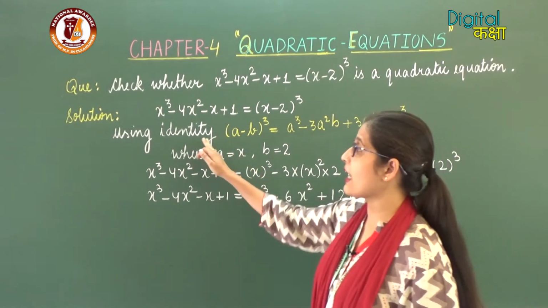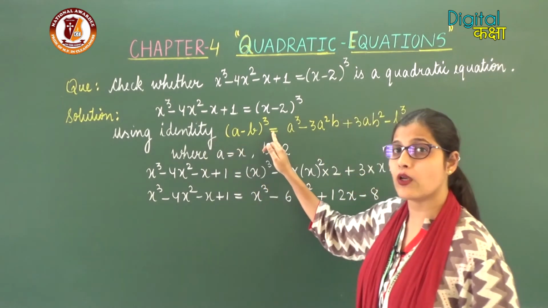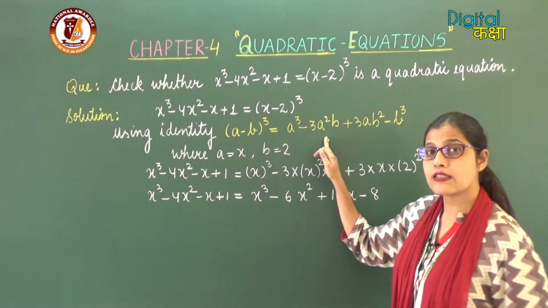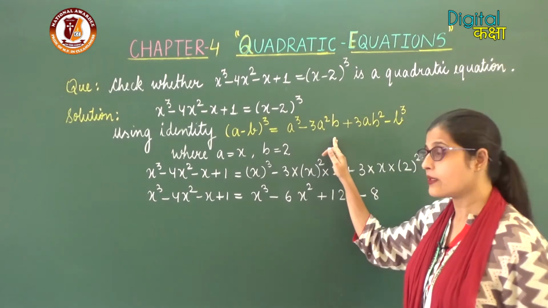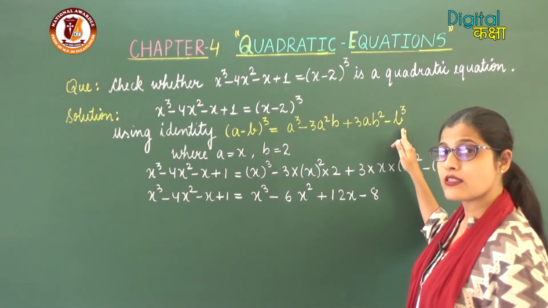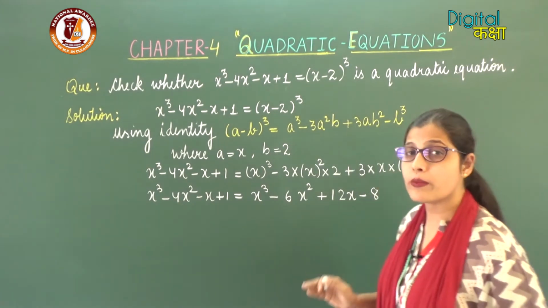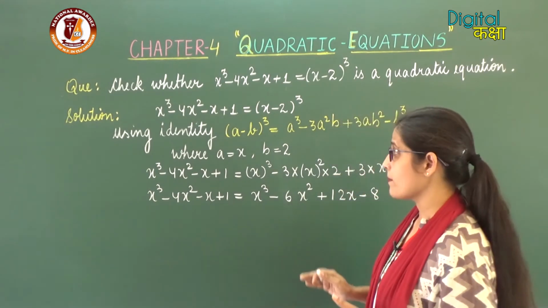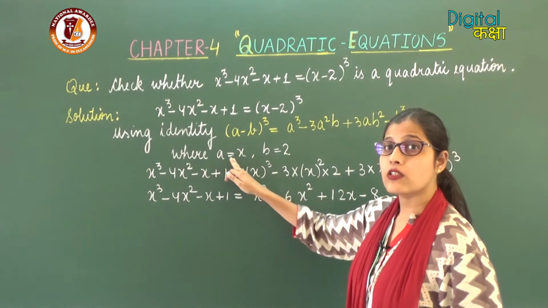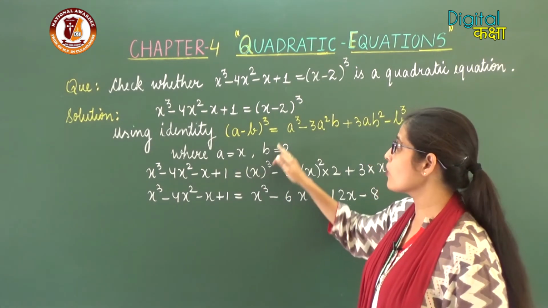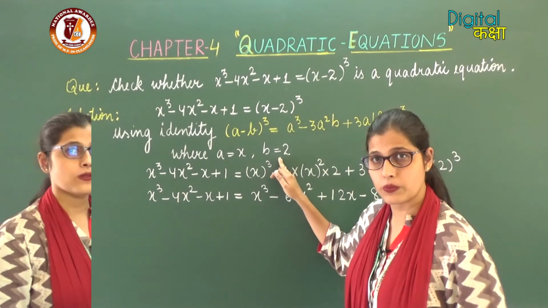By using the identity a minus b whole cube, which is equal to a cube minus 3a square b plus 3ab square minus b cube, we will be solving the given equation. So, on comparing, we will get the value of a equals to x and the value of b equals to 2.